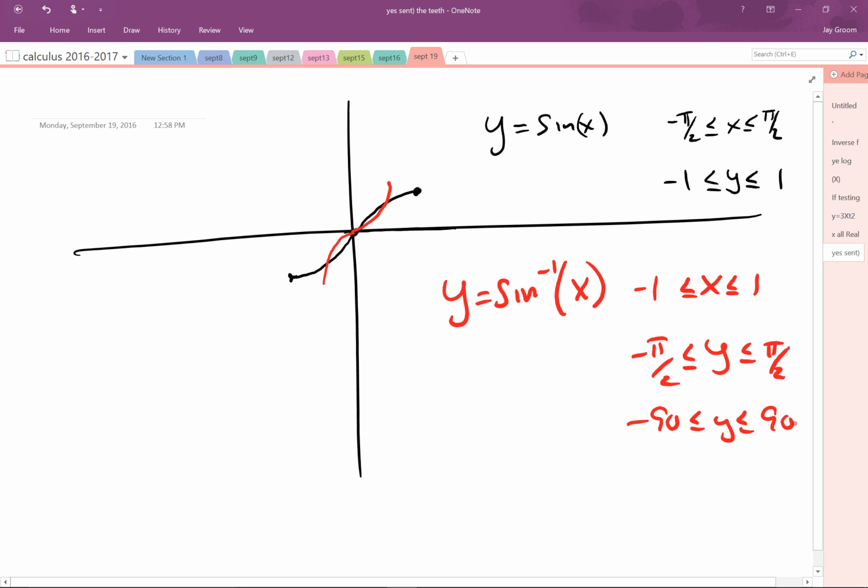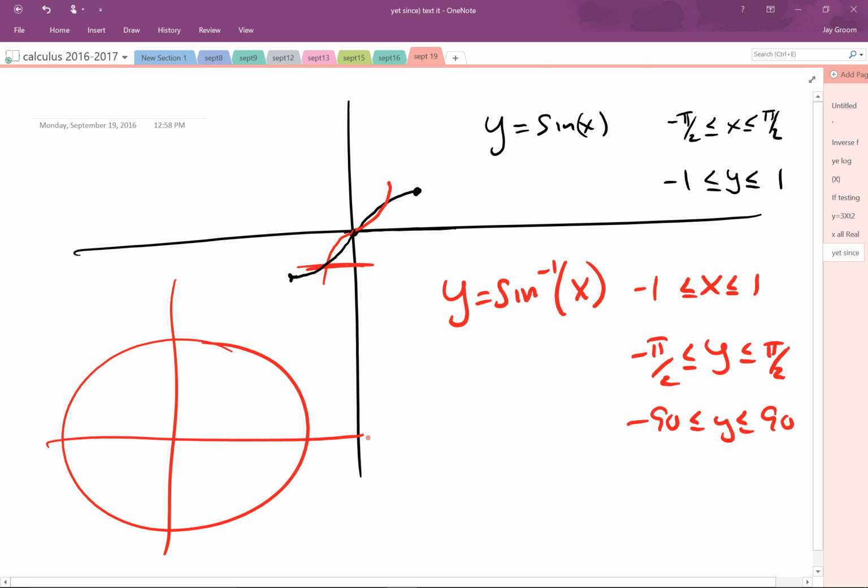Which is why when you ask Betsy, oh Betsy, I'm going to give you a number like negative square root of 3 over 2, Betsy will find the angle that has that sine value, and it'll throw back out to you negative 60. Now think about that for a minute. Here's my unit circle. Here's 300 degrees right here.